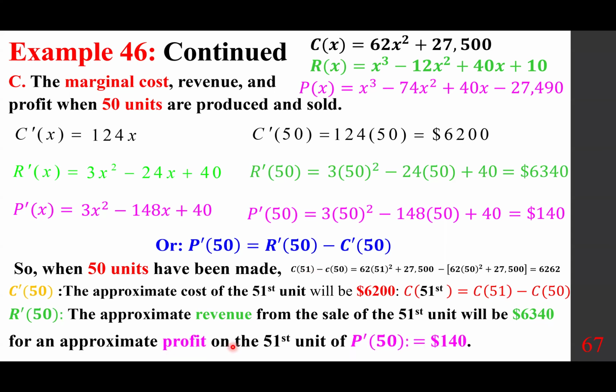For an approximate profit on the 51st unit, P prime of 50 equals $140. This is an approximate value of the profit. The precise would be P of 51 minus P of 50. That's how marginal cost, marginal revenue, or marginal profit is used in business.